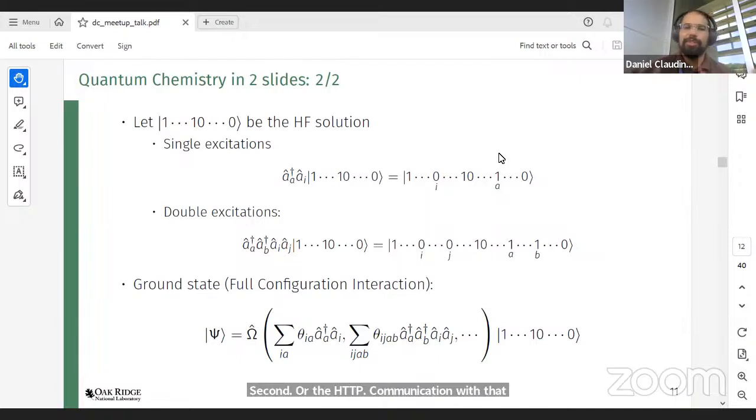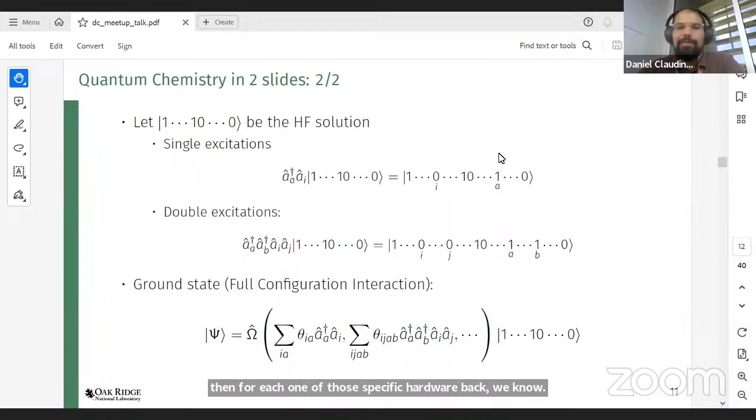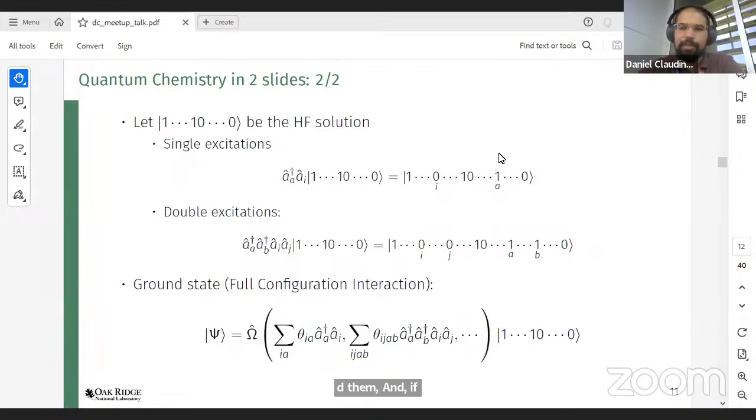For each specific hardware backend, if it's IBM, we need to send them QASM strings, OpenQASM 2, and if it's other hardware like Rigetti, they have their language Quil, so we have to compile our intermediate representation to Quil.